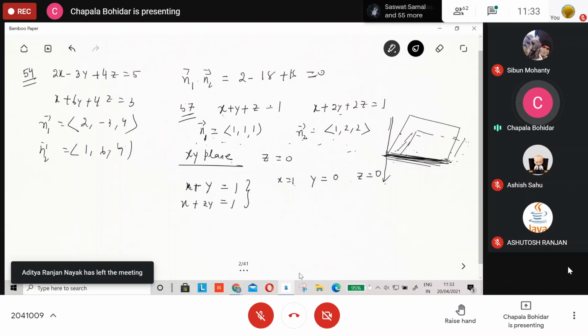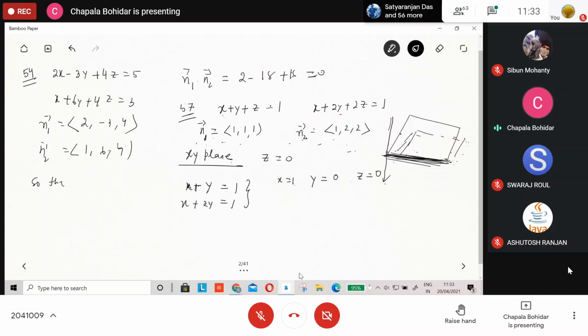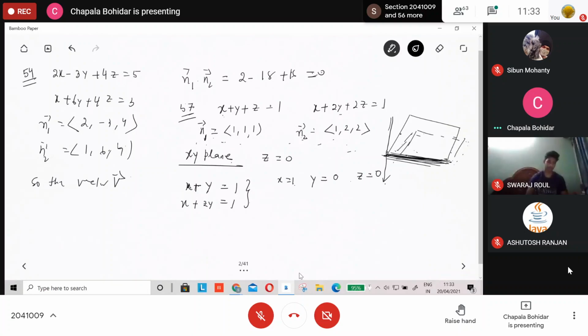So the vector V perpendicular is equal to N1 cross N2.